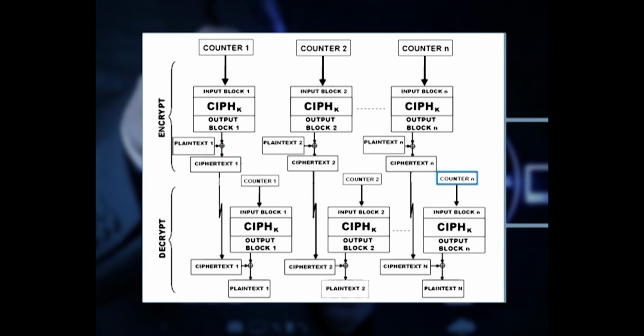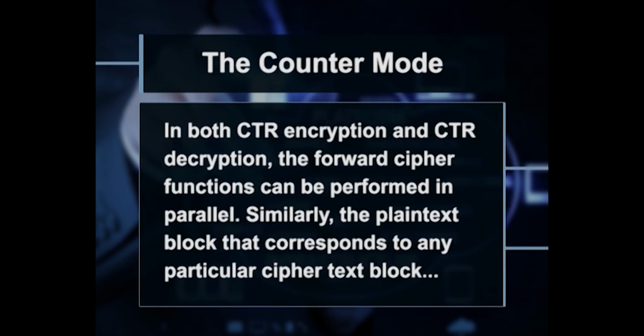For the last block, which may be a partial block of U bits, the most significant U bits of the last output block are used for the exclusive OR operation. The remaining B minus U bits of the last output block are discarded. In both CTR encryption and CTR decryption, the forward cipher functions can be performed in parallel.